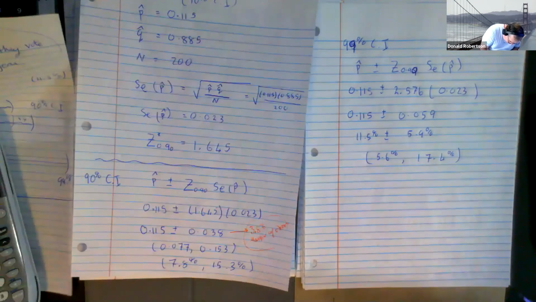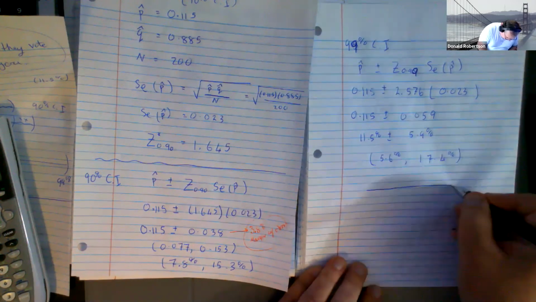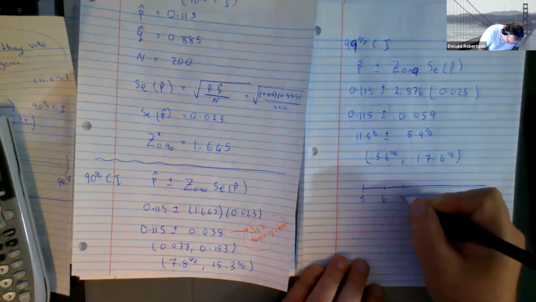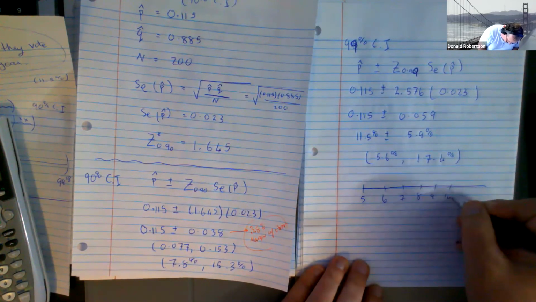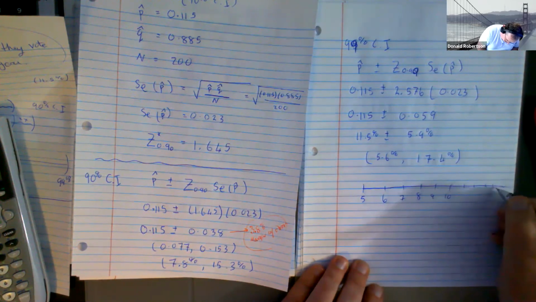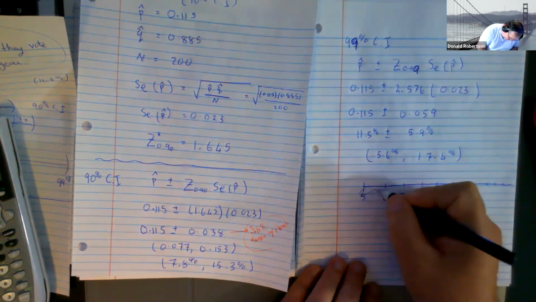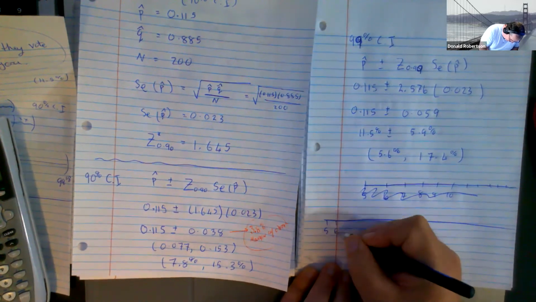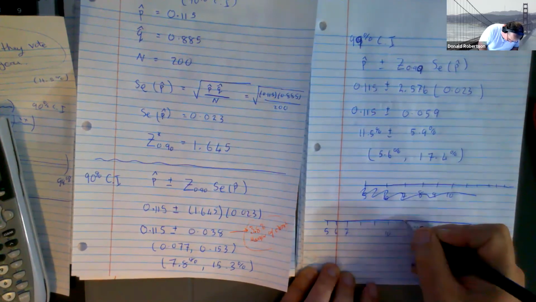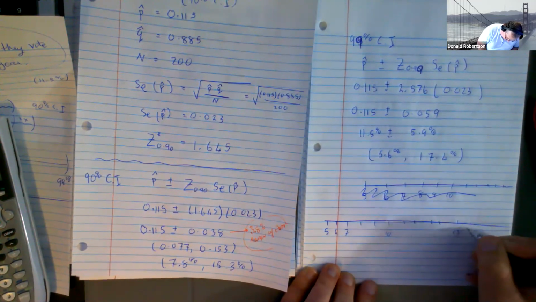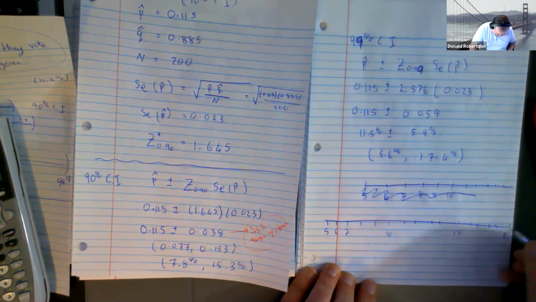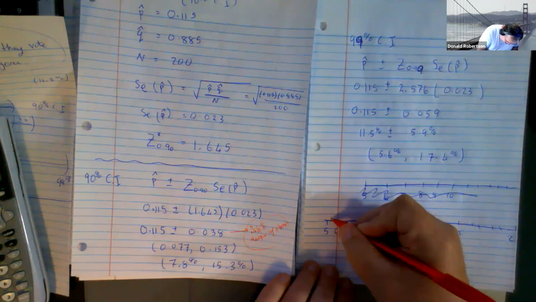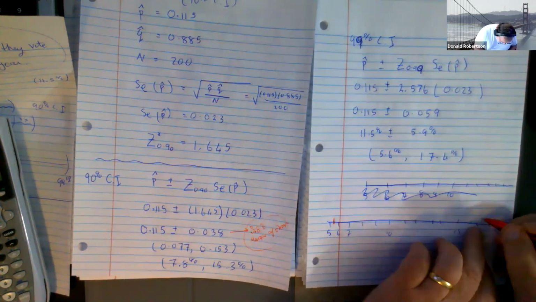Okay, let's try and visualize what that looks like. Imagine we've got a little number line. And we'll start at 5, 6, 7, 8, 9. Very, very crude number line. 5.6 is about here. 17.4 is about here.